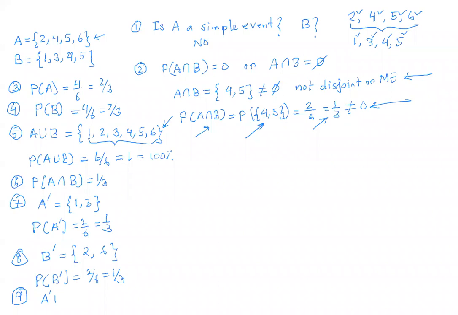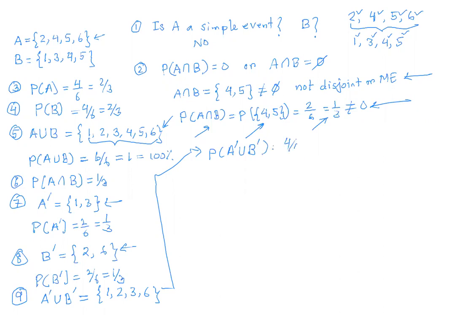Look at B prime, look at A prime. If you unite them, you get 1, 2, 3, and 6. So the probability of A prime union B prime is 4 out of 6, or 2/3.